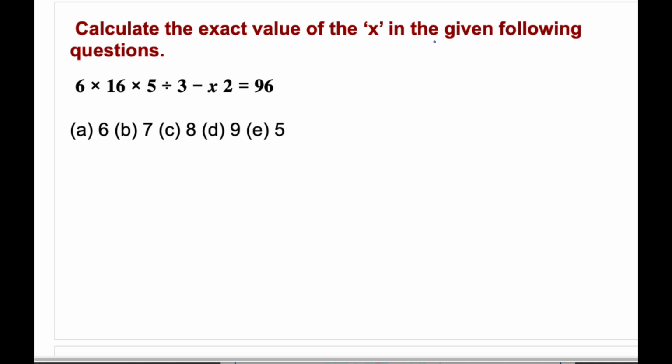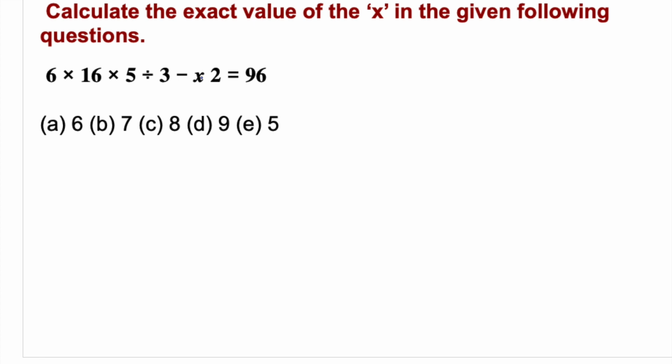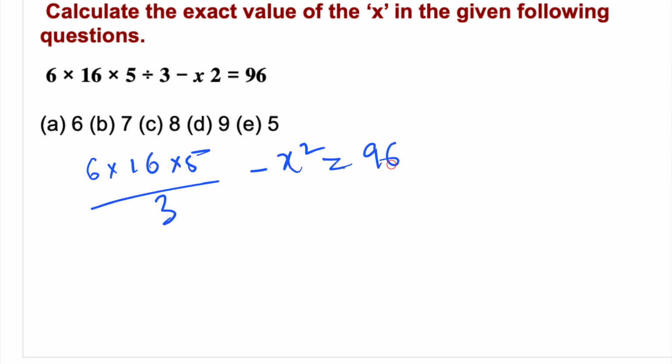Calculate the exact value of x in the following questions. 6 into 16 into 5 by 3 minus x square equals 96. Okay.